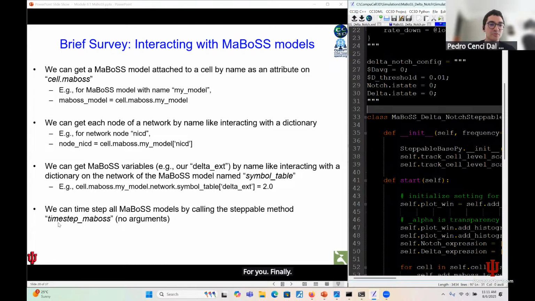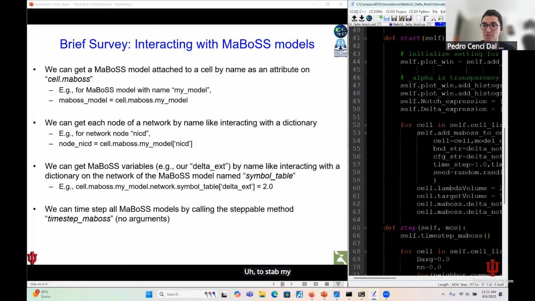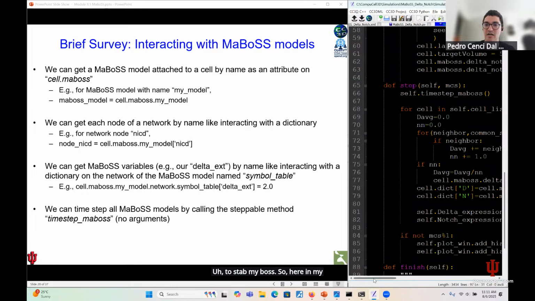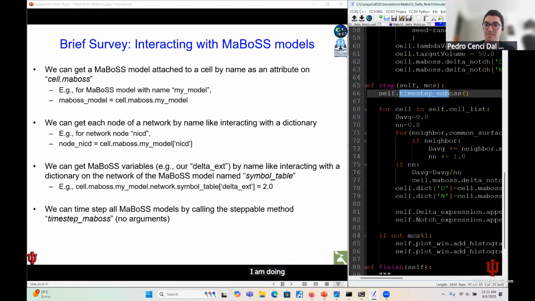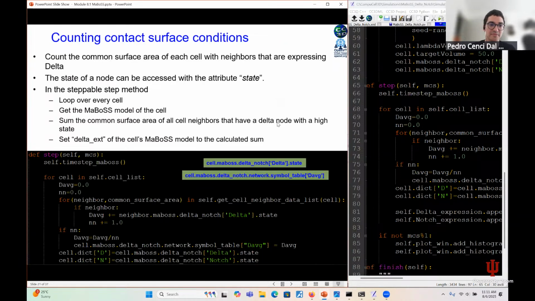Finally, we do time step to step MaBoSS. So here in my step function, I am doing self.timestep underscore MaBoSS, and this integrates the network by one step. That goes in the step function.